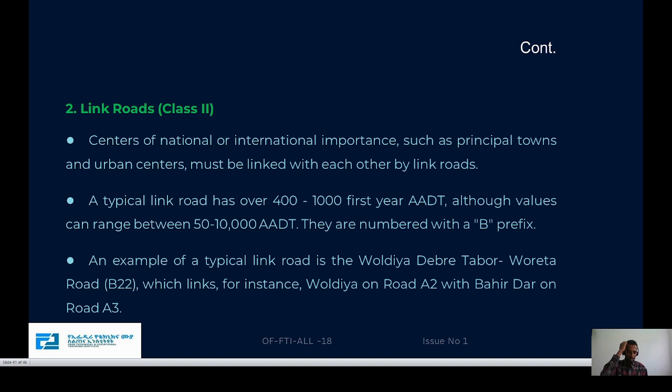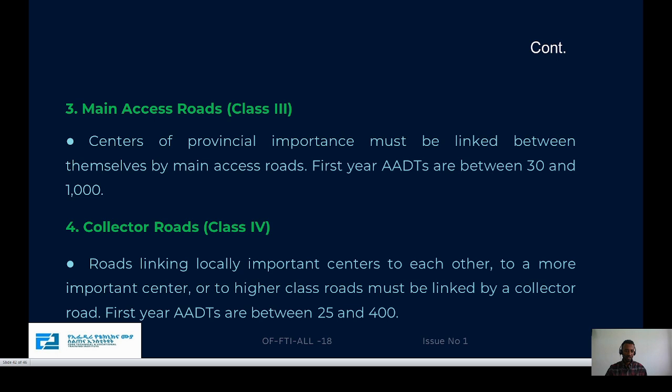Link roads connect centers of national and international importance, for example Woldia up to Debre Tabor. Towns will be linked by link roads, and centers of provincial importance must be linked between them by main access roads.